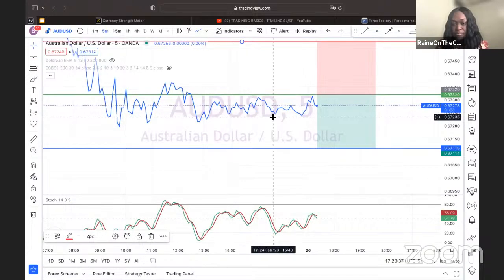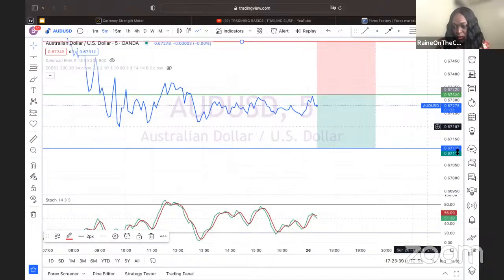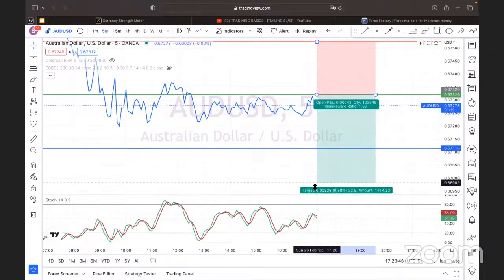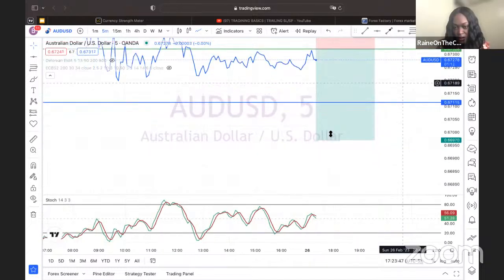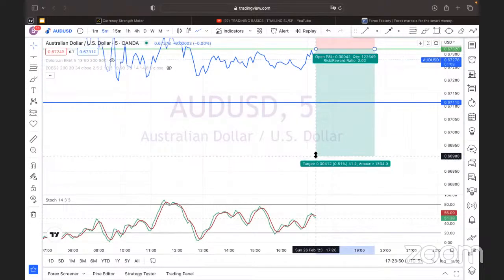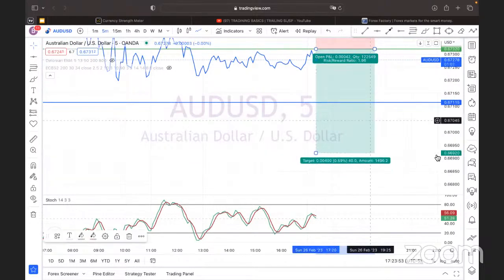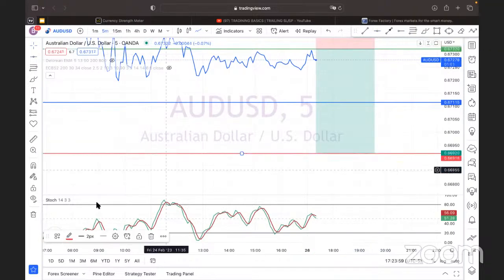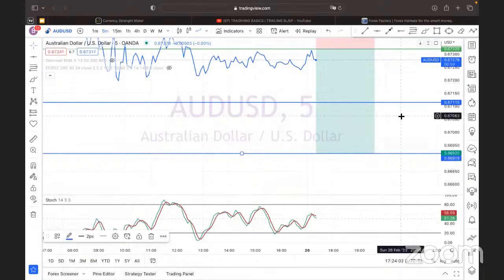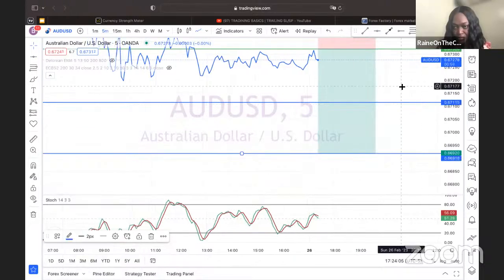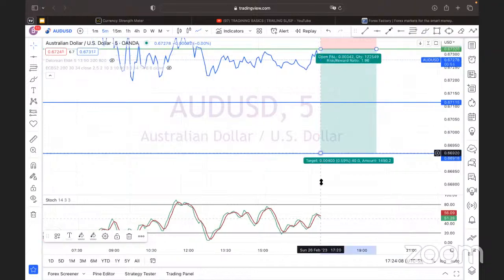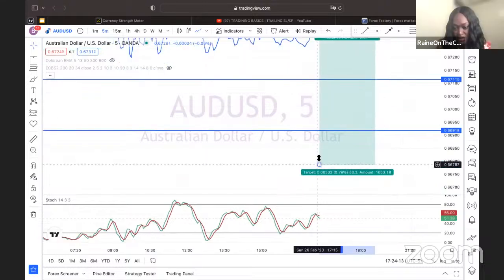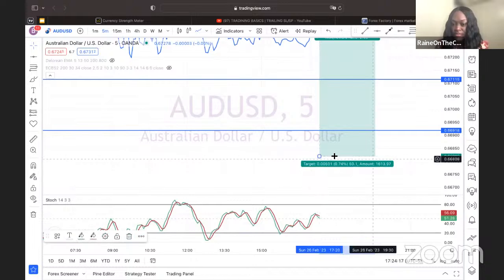Okay, and take profit two can be here. Three different take profits. Take profit 3, we're just going to make it 50 pips, all right? 50 pips.